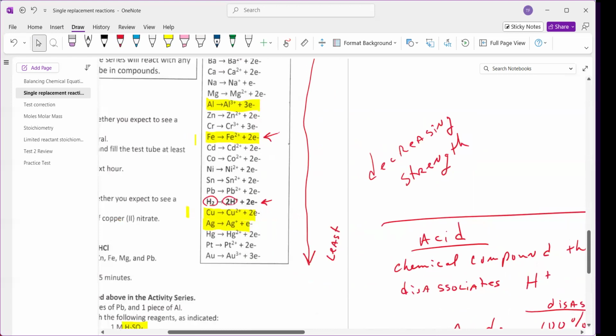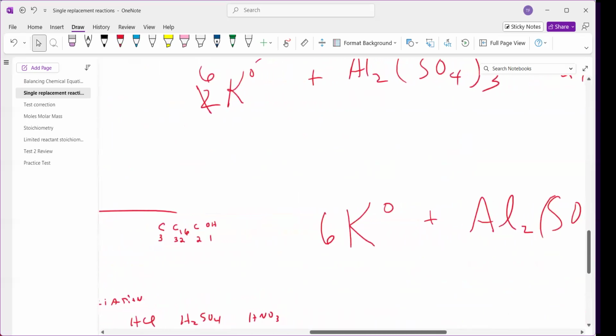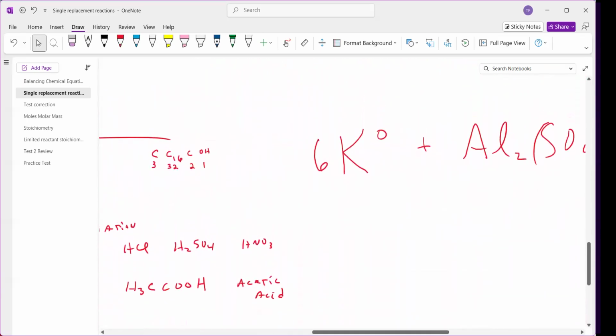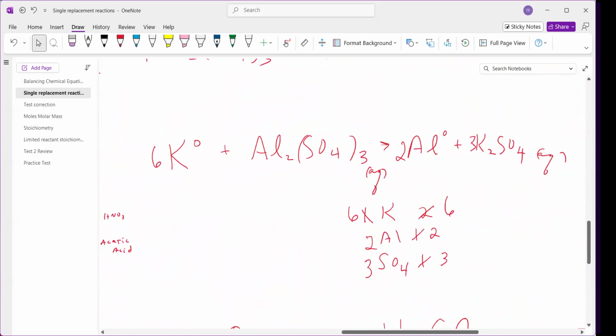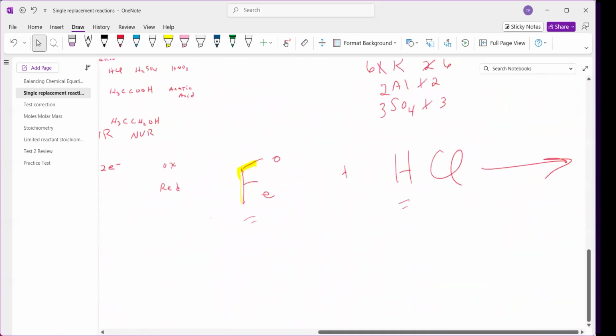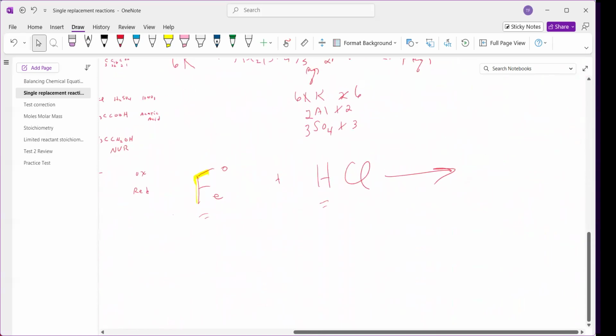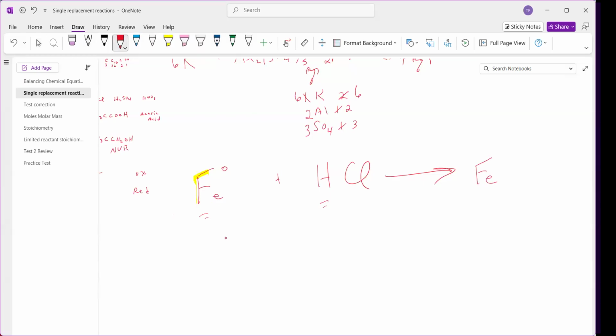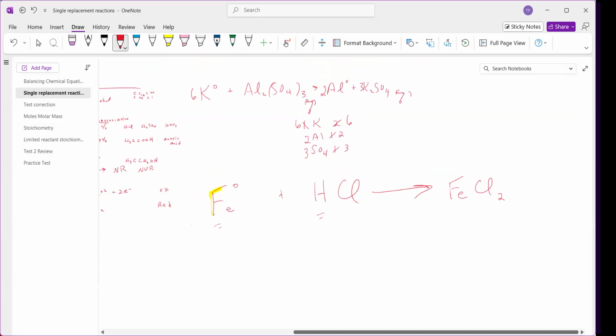Iron is above the H, so it goes. And we could have predicted that. In our reactivity chart, the iron is going to be iron 2. What's the charge on iron 2? Plus 2. So that means we need 2 chlorines at -1 apiece.